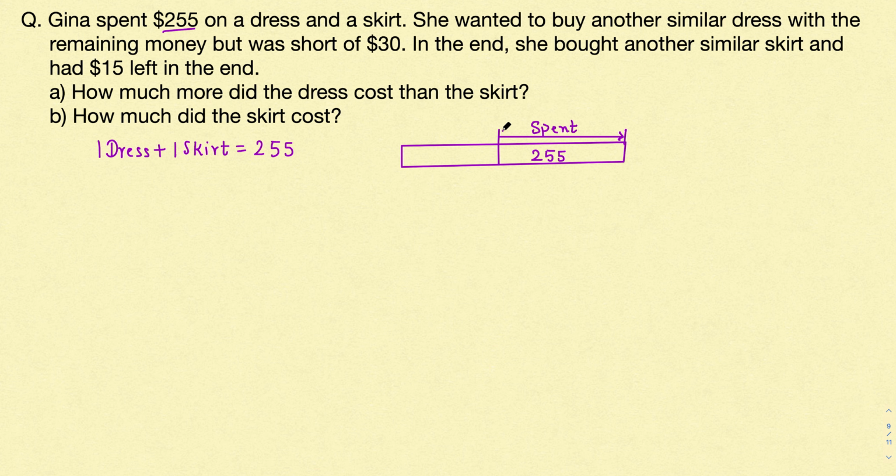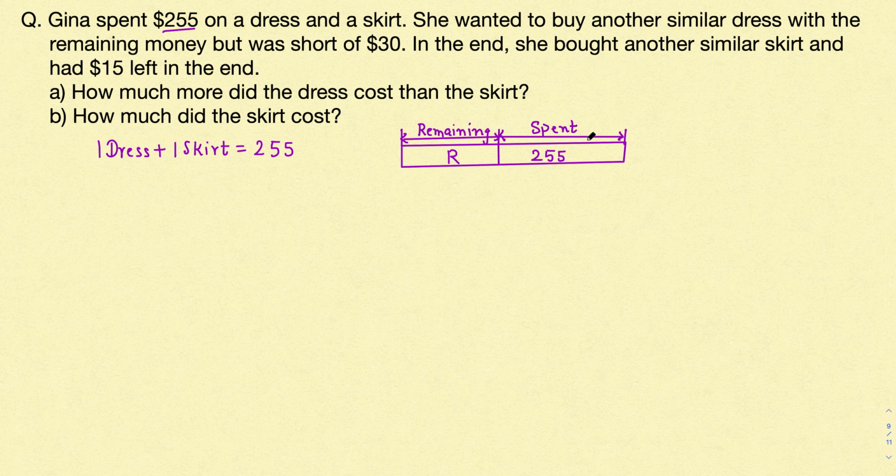right? And since this represents the total amount of money, if she has spent this much, obviously this much is the remaining amount of money. So we can show it here as well. So this is our remaining amount of money. So let's label it. Let's represent it by R here.